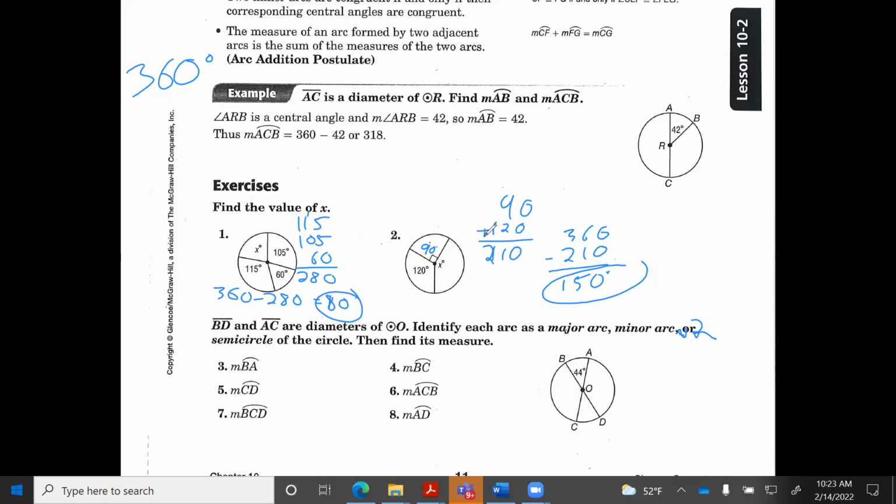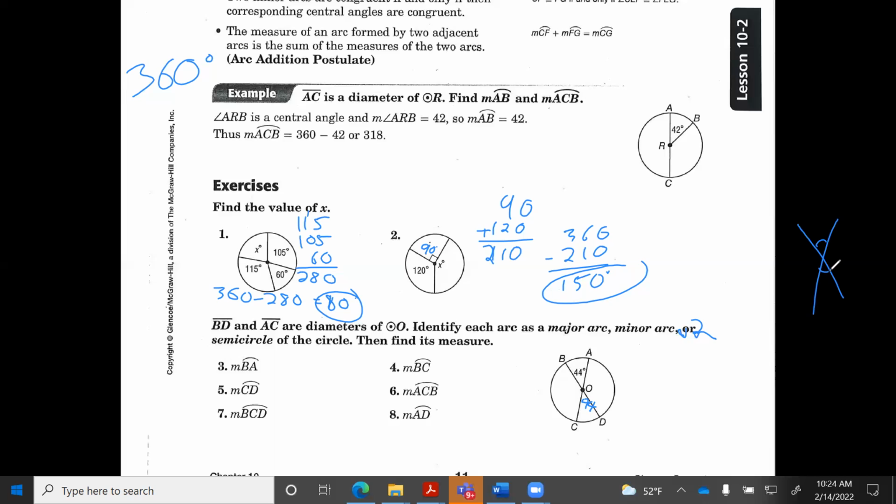So on here, they gave us the one was 44. Now we're going to use some old properties to figure some of these angles out first. So that's 44. We should know the one across from it is also 44. What type of angles are those? Okay, they are congruent, but there's a name for them when they're crossing each other like that. Vertical. So when you have two lines intersecting, the angles across from each other are what we call vertical angles.